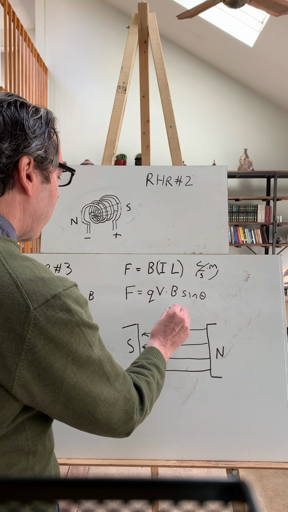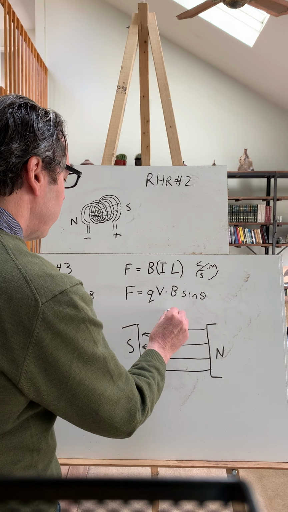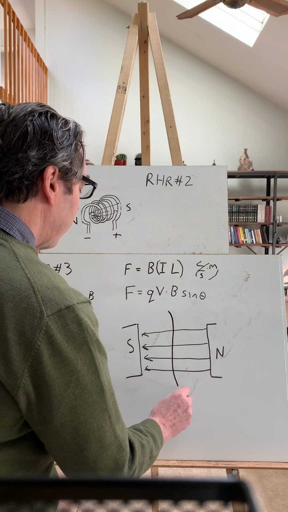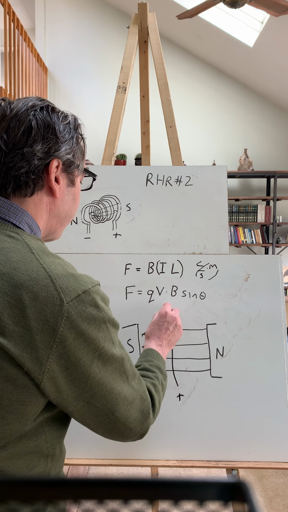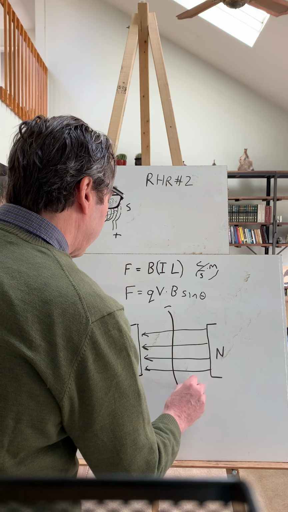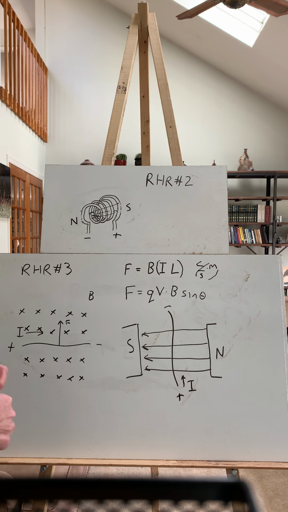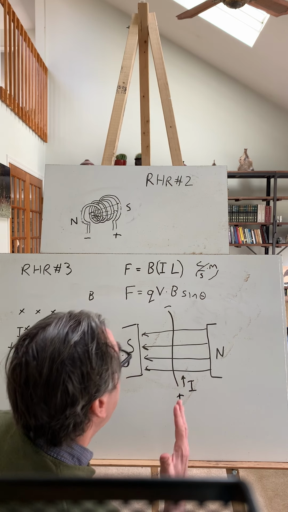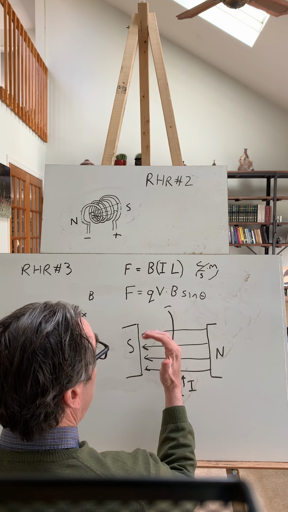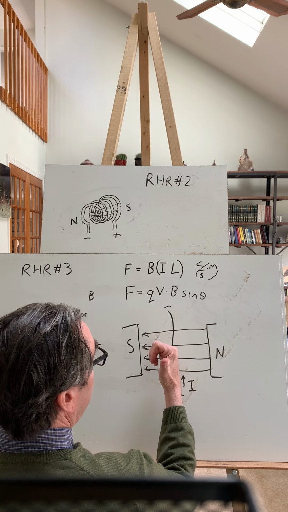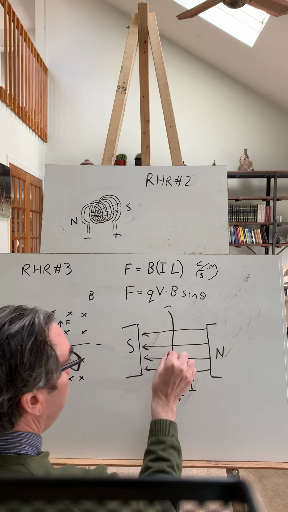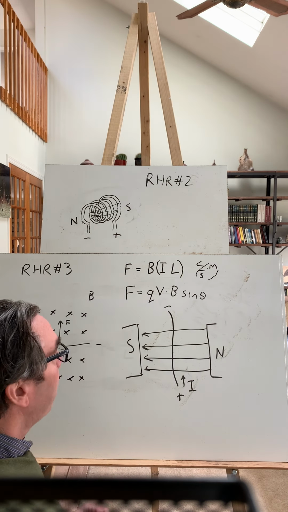Now, if we placed a current carrying wire right like that, we put the positive terminal here and negative here so that the current is going like that, and we apply our right-hand rule. Fingers in the direction of the current, curl towards the field, the force would be coming out of the page, so it would be exerting a force out of the page on that.